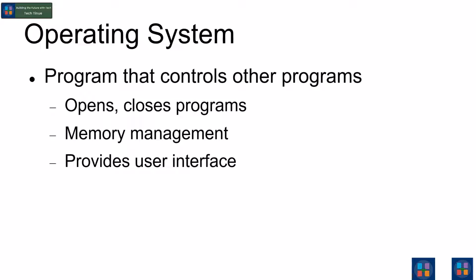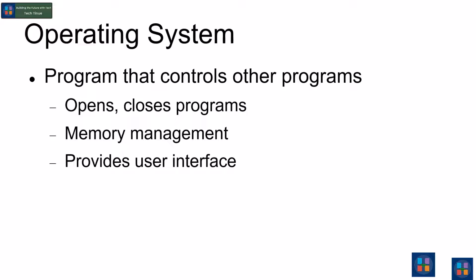It also provides the user interface. So the operating system actually is in charge of running those mouse and keyboard control programs that I talked about, as well as the interfaces for any other device that you're using. It will also control stuff like the desktop.